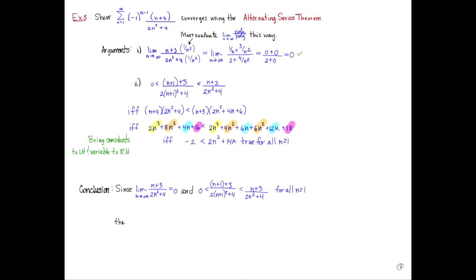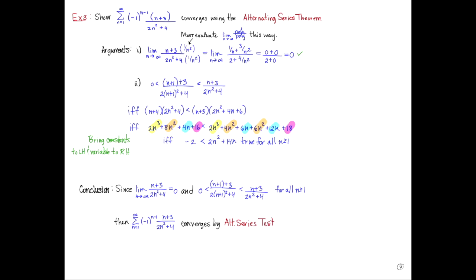Then our alternating series from n equals 1 to infinity of (-1)^(n-1) times (n+3)/(2n^2+4) converges by the alternating series test.